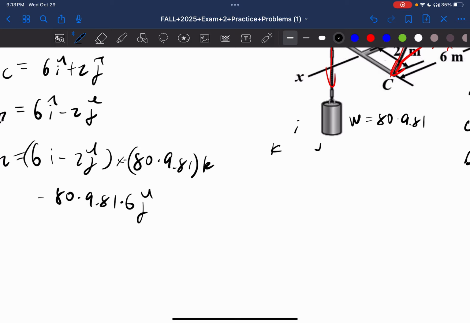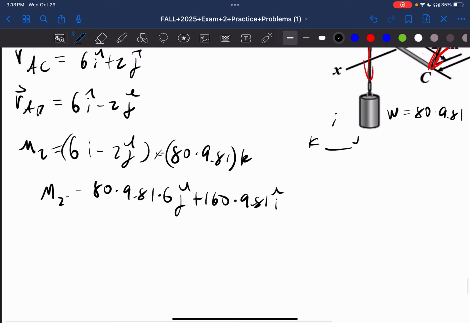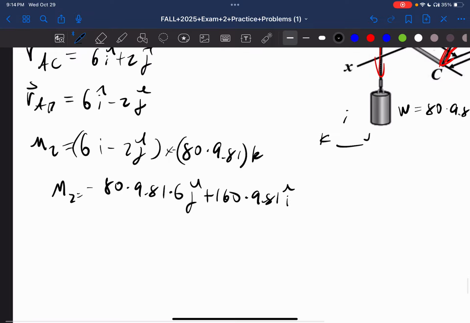So j cross k is i, and it's negative times negative, which is going to be positive. So we're just going to have plus 2 times 80 times 9.81 in the i direction. That's going to be M2. Hopefully I didn't do this wrong, because that'll be quite annoying. It's probably not wrong, hopefully. Yeah, it looks about right.